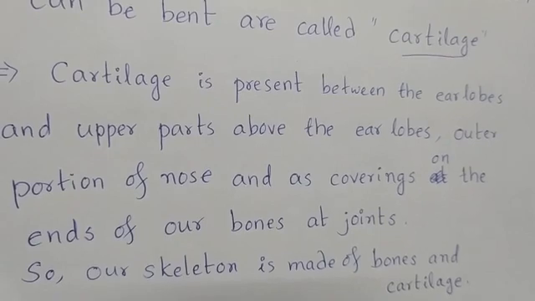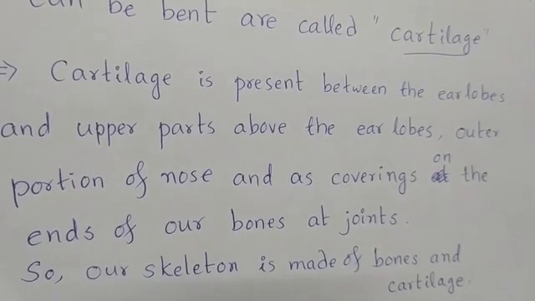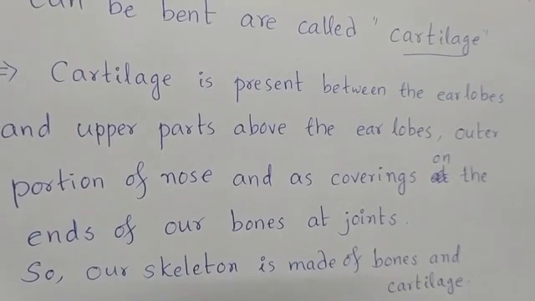So at the knee, the thigh bone and the foreleg bones are joined. The knee is a hinge joint.